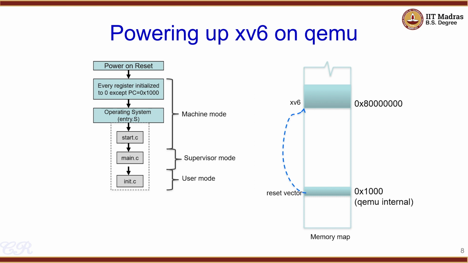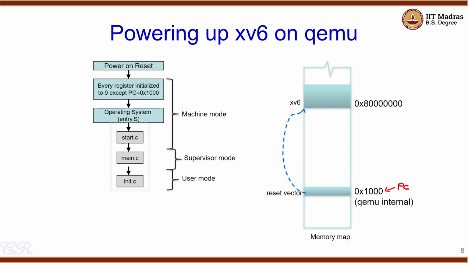So what it actually means is that as soon as you start QEMU, it emulates a reset signal to the reset pin of the processor, and all registers within the QEMU emulation are set to 0 except the program counter, which points to this location 0x1000, right.